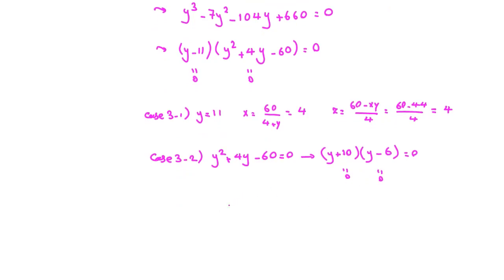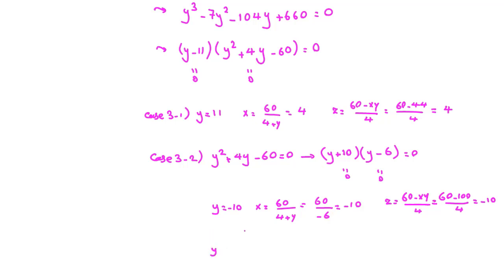So the first case, y equals negative 10, x equals 60 over (4 plus y). Then 60 over (4 minus 10) is negative 6. And z equals (60 minus xy) over 4. It will be (60 minus 60) over 4, negative 10. So it is another answer.